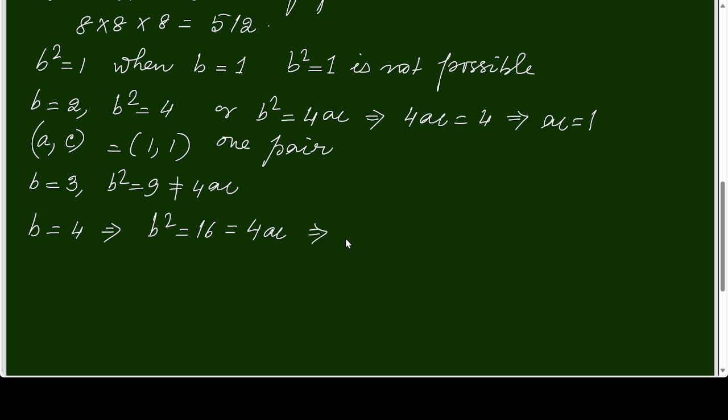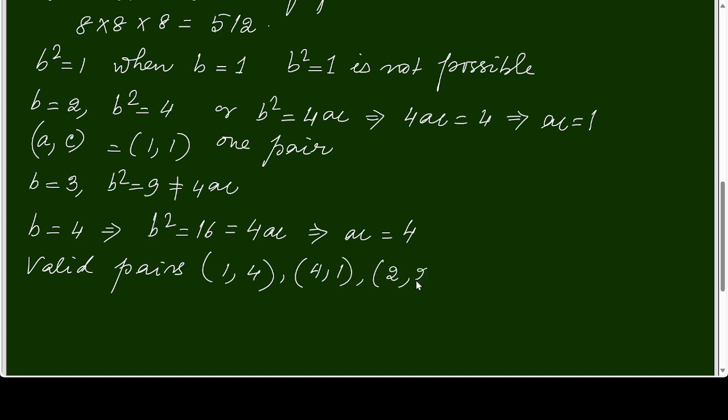This gives us ac, the product of a and c, equals to 4. So what are the possibilities of a and c? So valid pairs will be 1 4, 4 1, and 2 2. So 3 pairs.